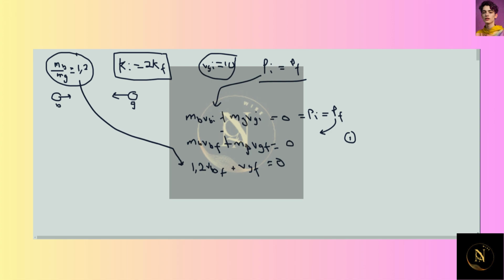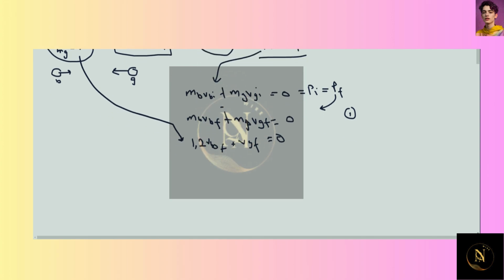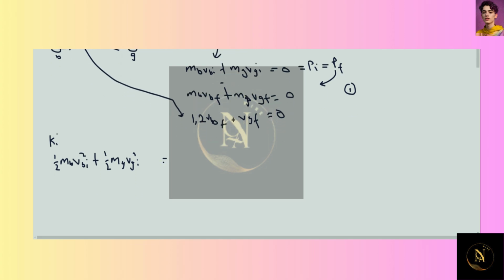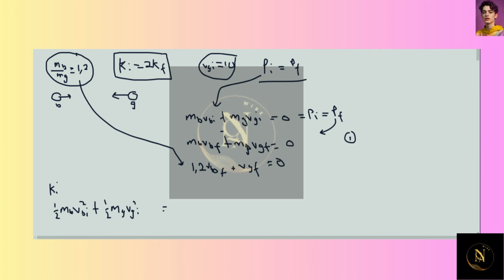So now let's look at the kinetic energy. So you know that this is going to be the governing rule for the energies. So essentially, you can now calculate Ki. And Ki is just half, again, all the initial velocities squared, VGI, and this should be equal to twice Kf.